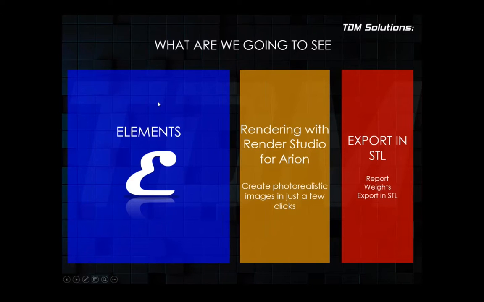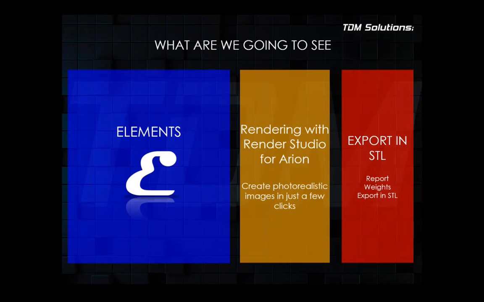Let's see what we will focus on in this webinar. We will see all the elements, the library of predefined models inside RhinoGold. Also, we will see the rendering, and we will use the Render Studio for Arion, which is included in the latest version of RhinoGold.